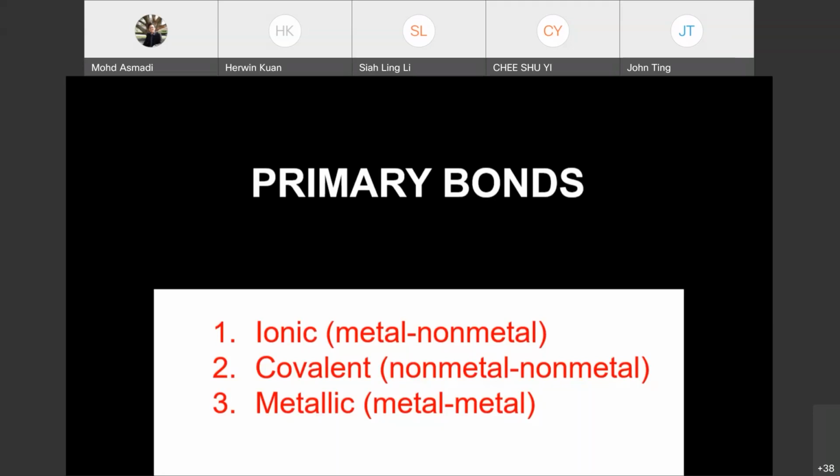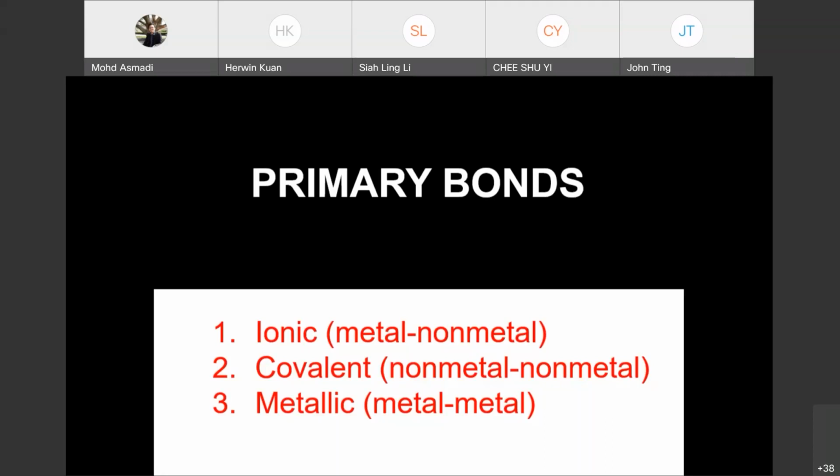So based on the difference in electronegativity between elements or atoms, we can know what bonding they can form. And then for the metallic bonds, metallic is between metals, it is not really like a bonding, it is more to the sea of electrons or electron pooling.